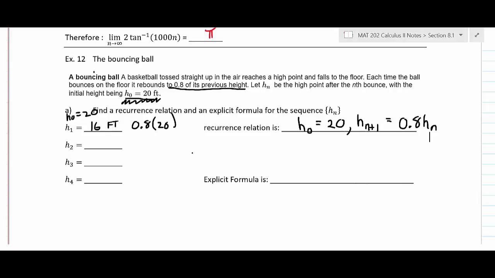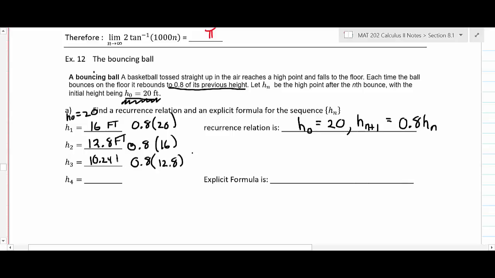Now let's continue to crunch this out. For the next term, we're going to multiply 0.8 by 16, the previous term. Some of these I've already worked out to save a little time. That's 12.8 feet on a calculator. Then 0.8 times 12.8 is 10.24 feet.